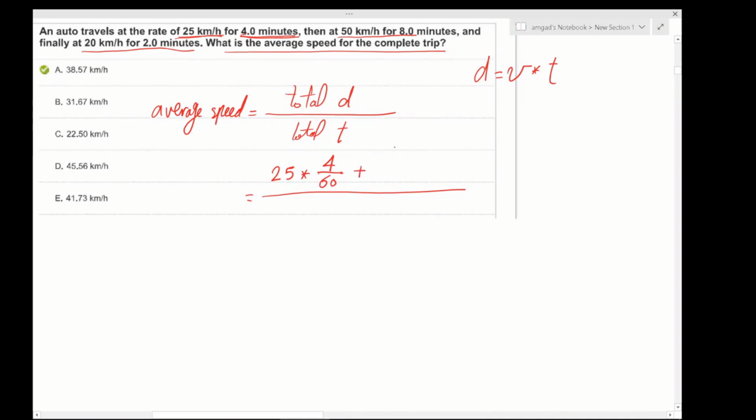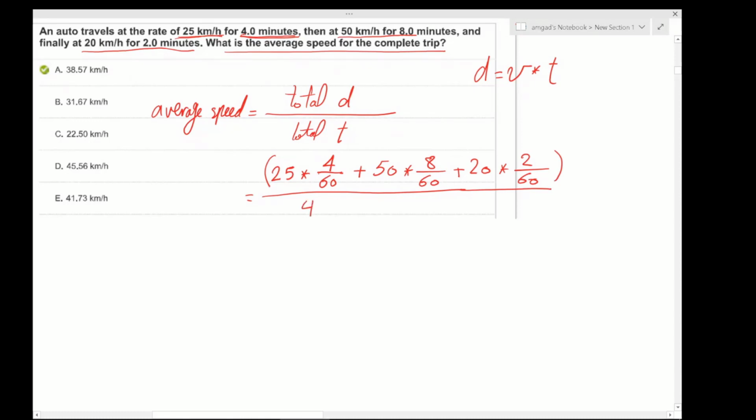Plus the second period. He drives at 50 kilometers per hour in 8 minutes. So multiply 8 times 8 over 60. Then 20 kilometers per hour in 2 minutes. So 2 over 60. So this is the total distance divided by the total time.